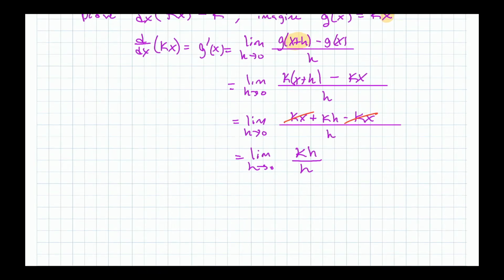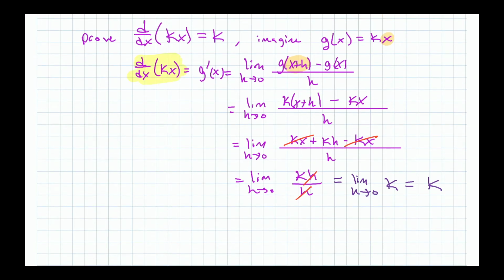You've done enough of these now to know that the h's are going to cancel, giving you the limit as h goes to 0 of just k. Well, h goes to 0, but k is just k. So there we go. We have now discovered that the derivative of kx is k.